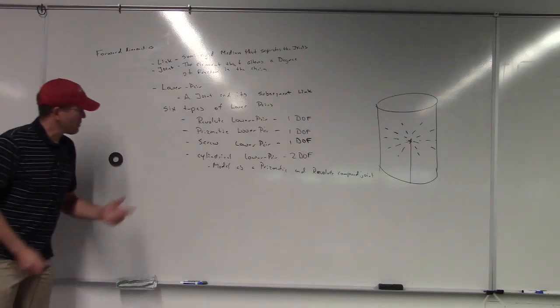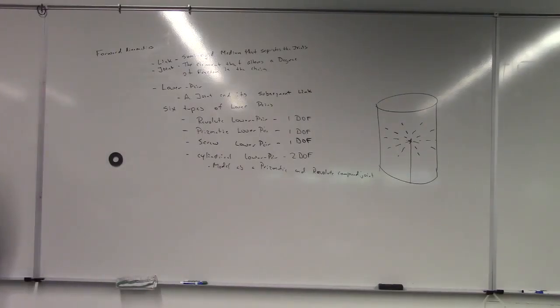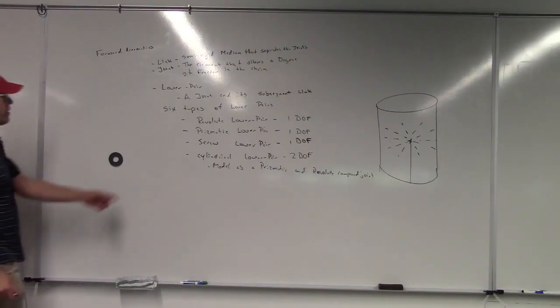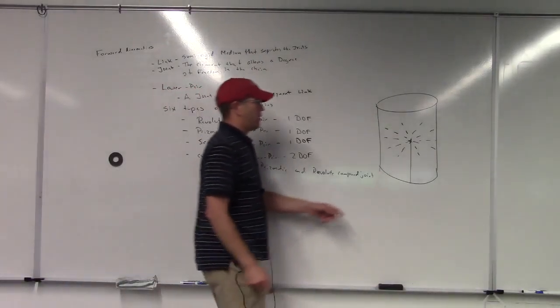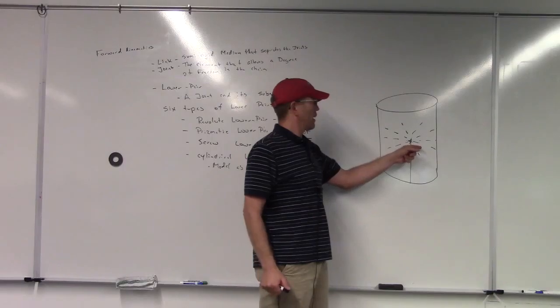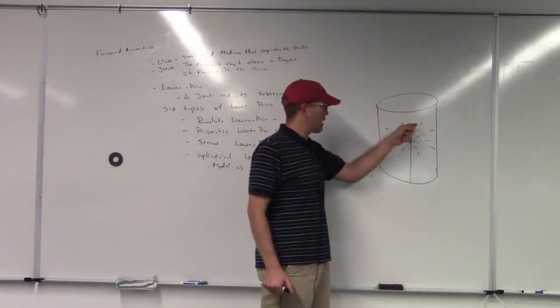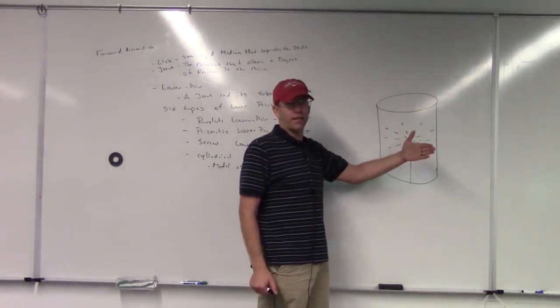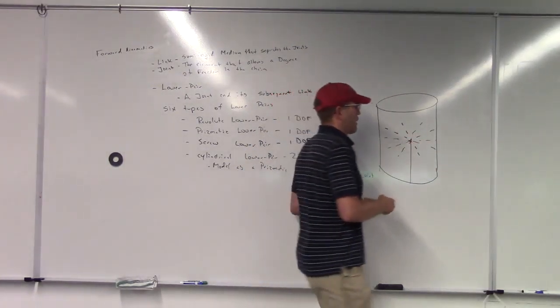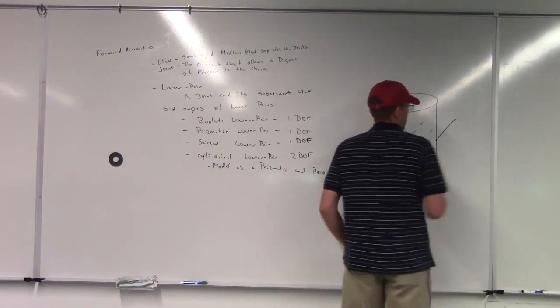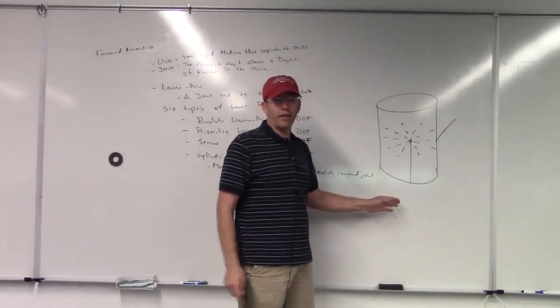Okay, what other types do we have? Well, this is the basis for a SCARA robot. In fact, a SCARA robot provides a prismatic joint which has your Z and then a theta angle associated with it. And then you'll have a second segment that provides your 3rd degree of freedom.